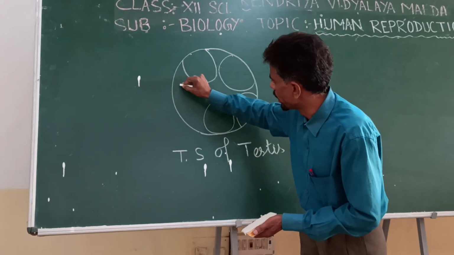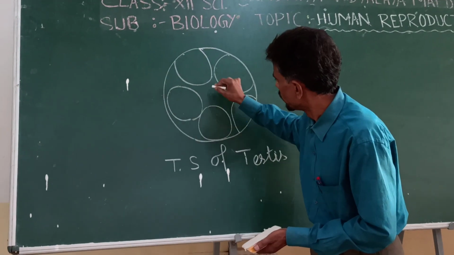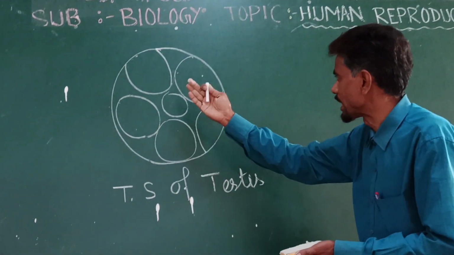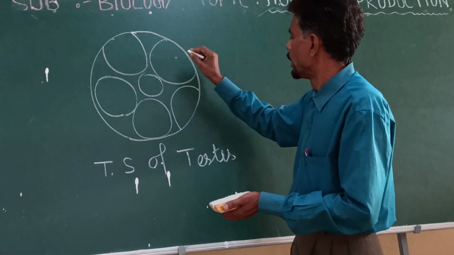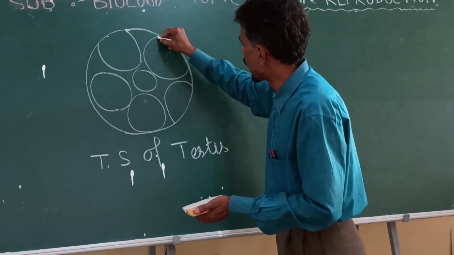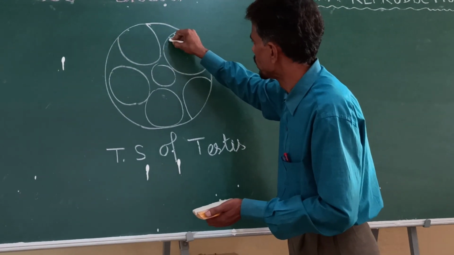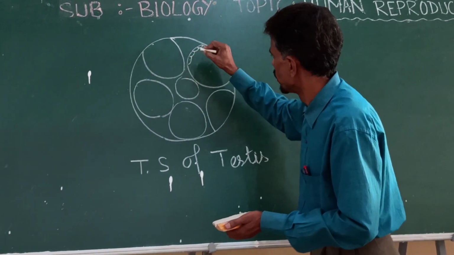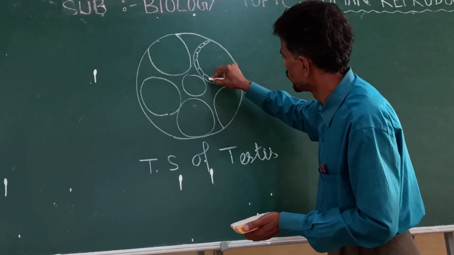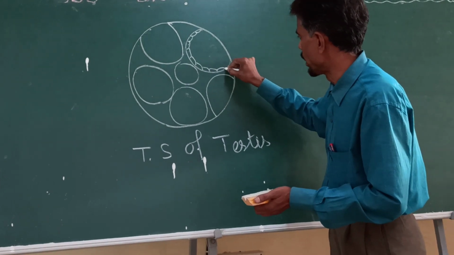These are actually the seminiferous tubule, that means the section has gone through the seminiferous tubule, and inside the seminiferous tubule I will draw the basement membrane layer. This is the basement membrane layer I am drawing.